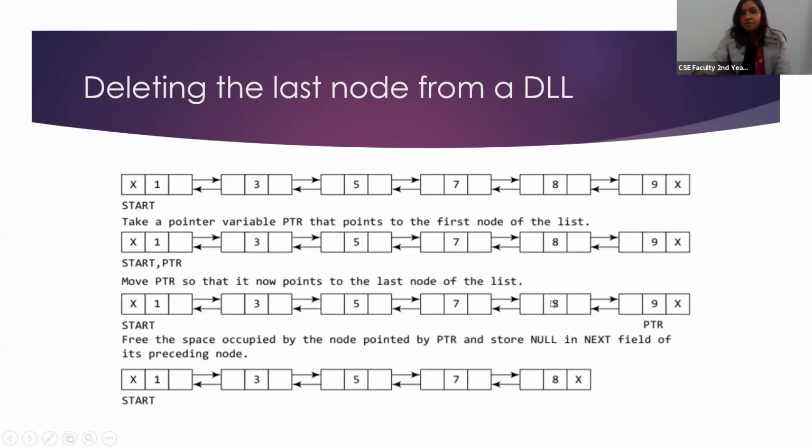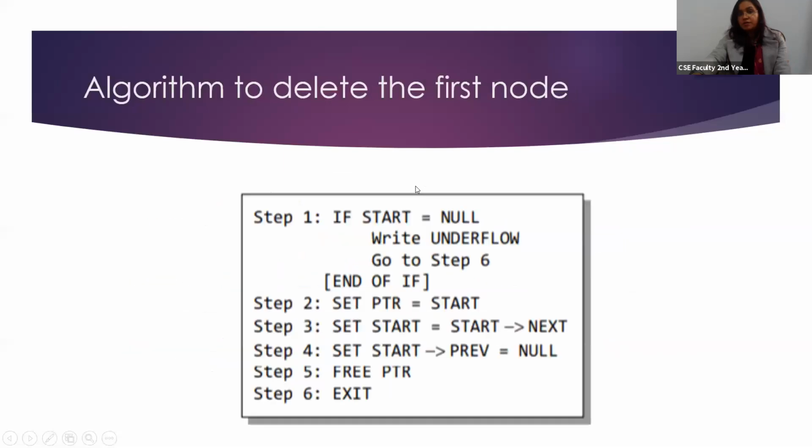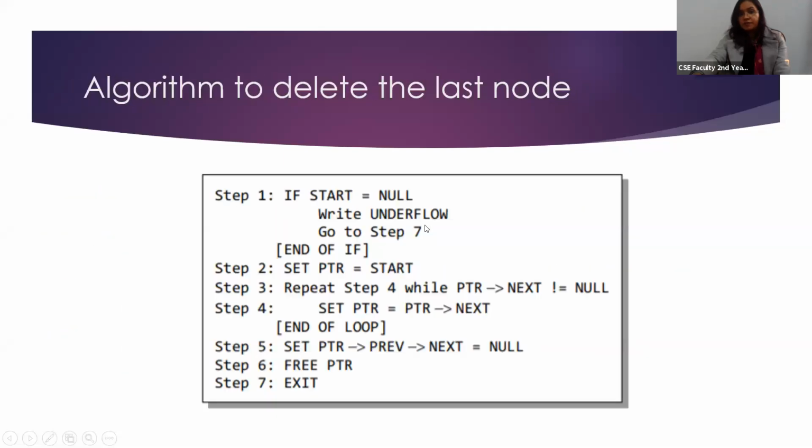Pointer previous next, that means this part will become null. And you will free the pointer. Up to this clear, everyone? Clear or not?